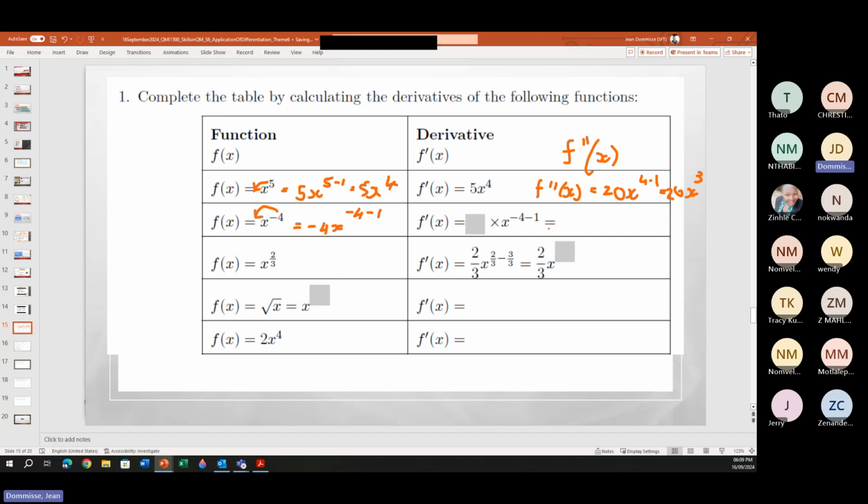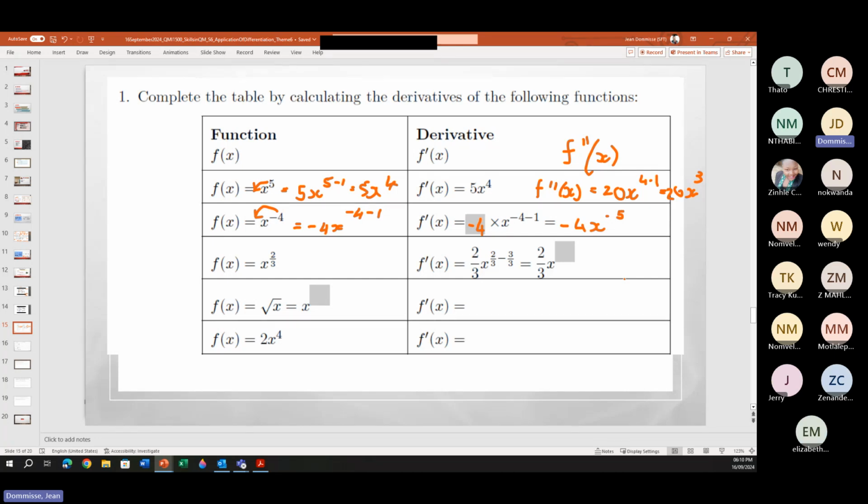So that will give us minus 4 times x to the power of minus 4 minus 1, which is minus 4x to the power of minus 5. Okay, so follow exactly the same process, even though it now looks a bit different because it's negative: exponent to the front, exponent minus 1.